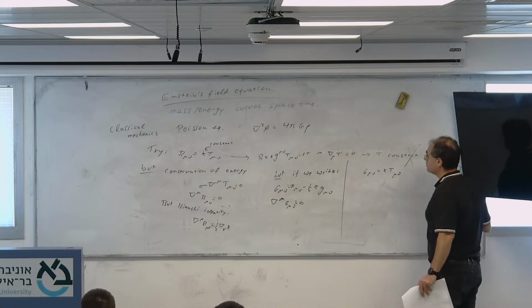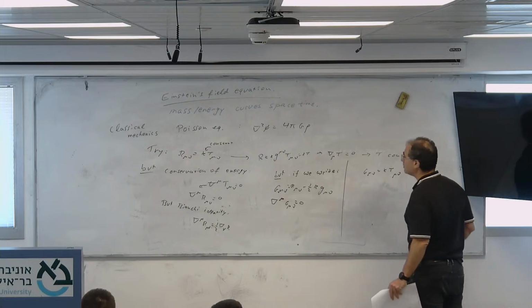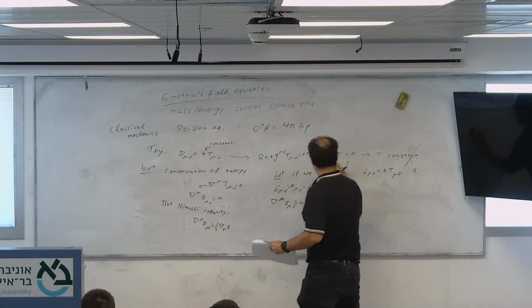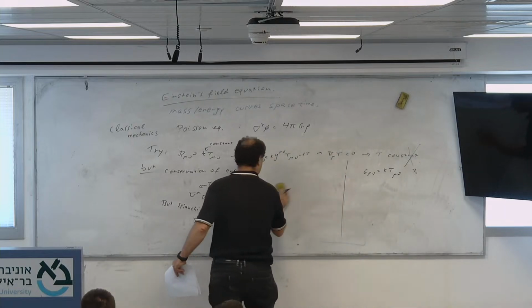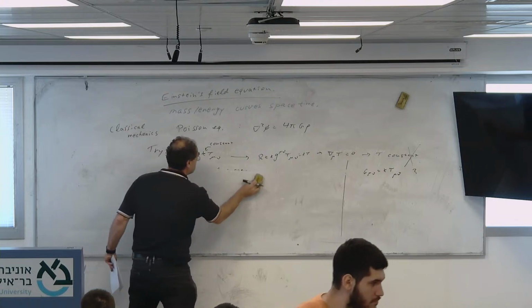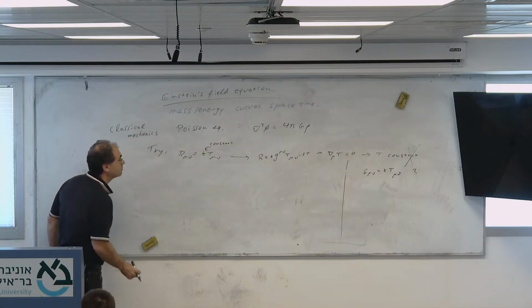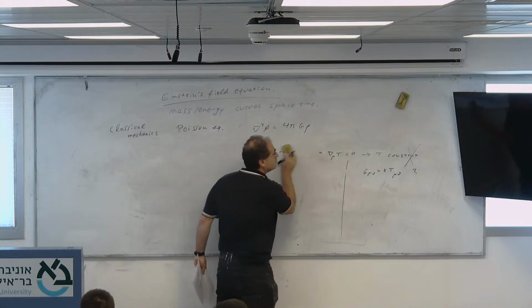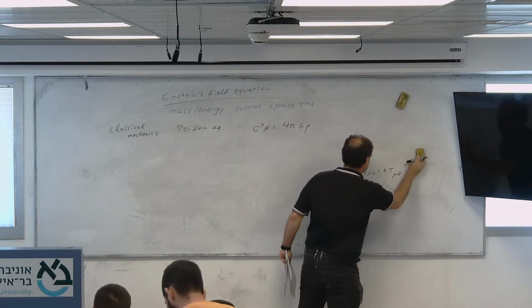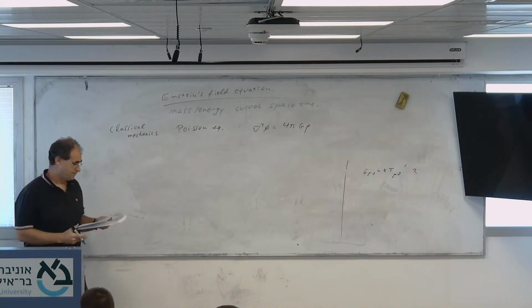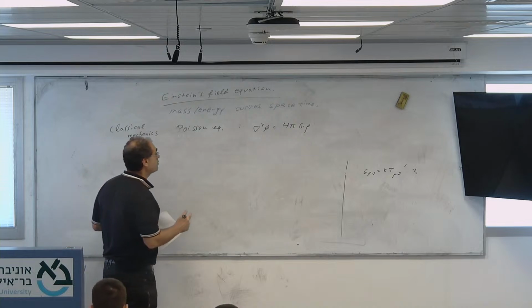The question is, is this the correct equation? So for that, you have to do contraction and do the weak field. So let's see what we get. So let's do the contraction.